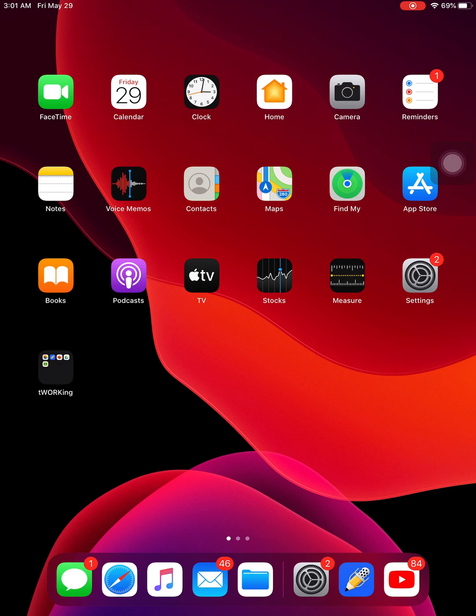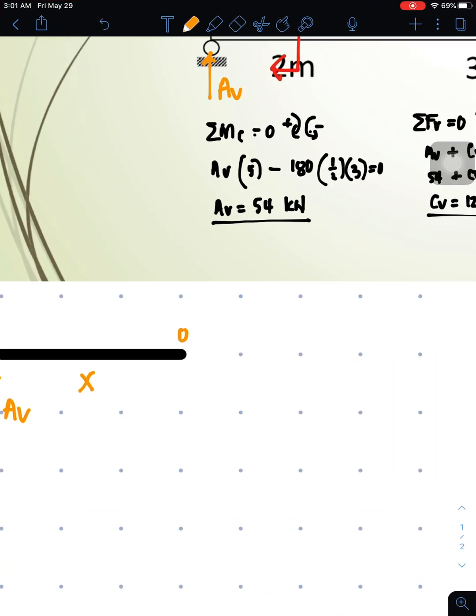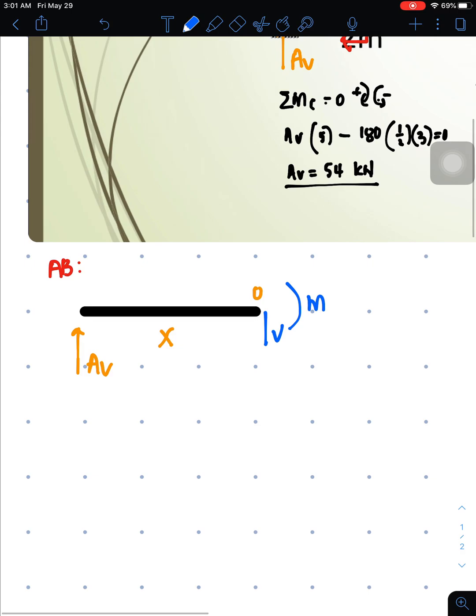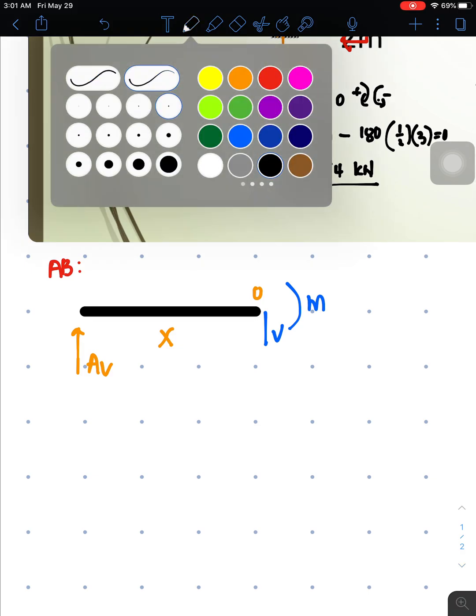And do not forget that you have shear and moment. So let us now formulate the equation.